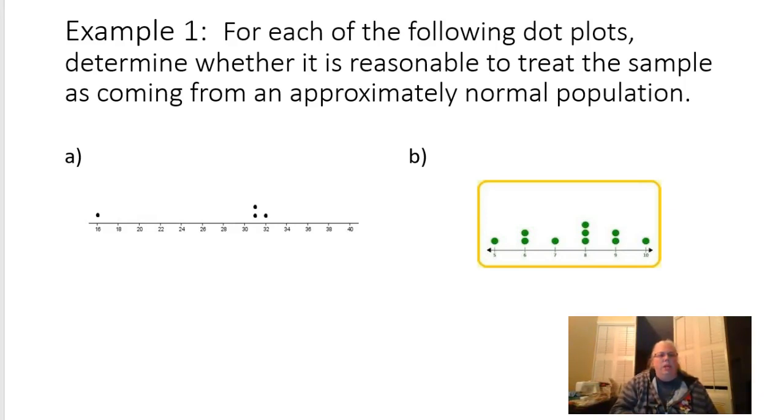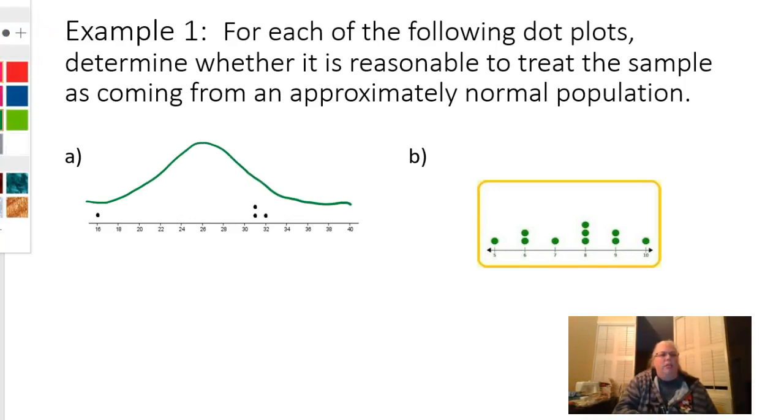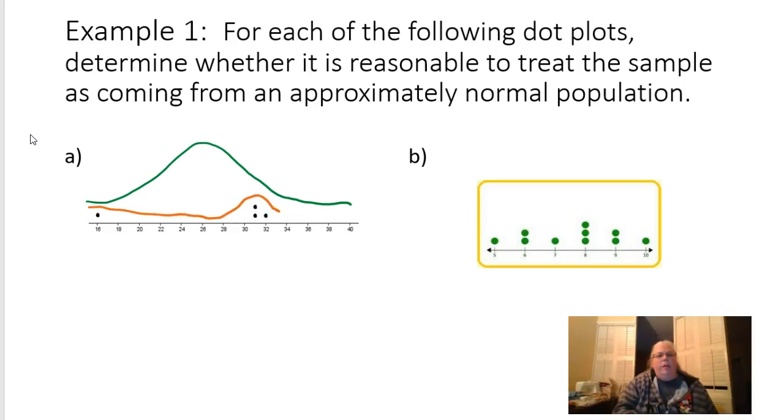If we think about the sketch of what a normal curve would look like, it should look kind of like this right here if our data were normal. And what we actually have here is something where we start here and then we go down, down, down, down, and then we come up and then we go back down again.